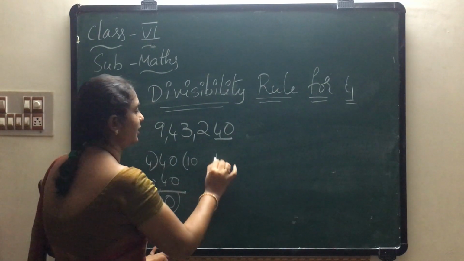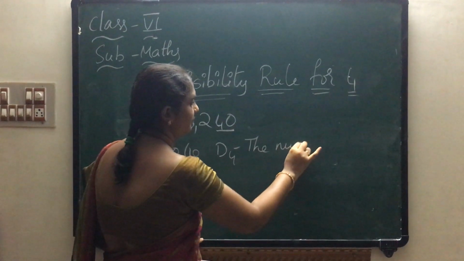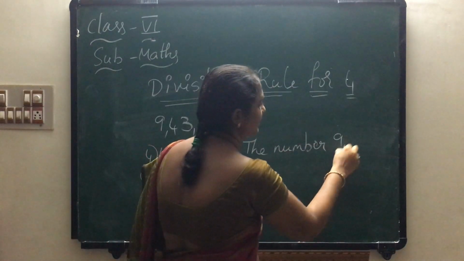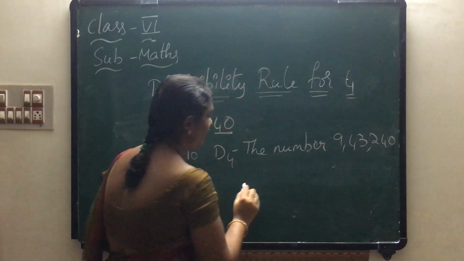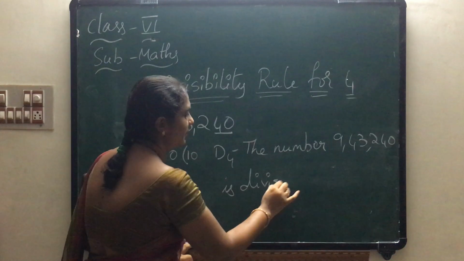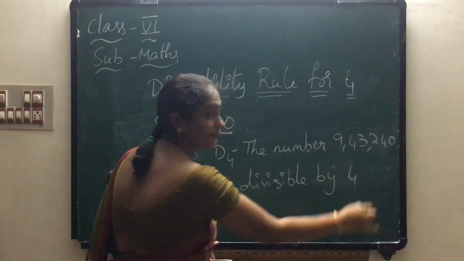So right here: the number 9,43,240 is divisible by 4.